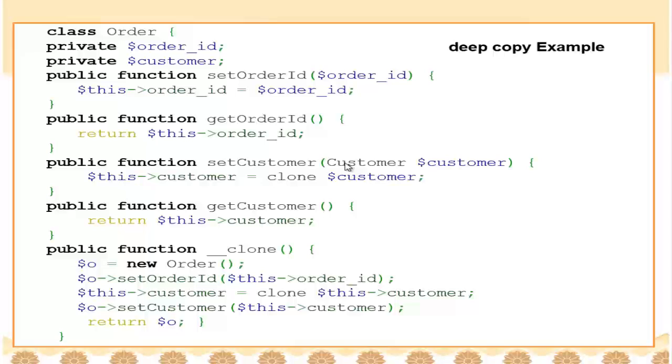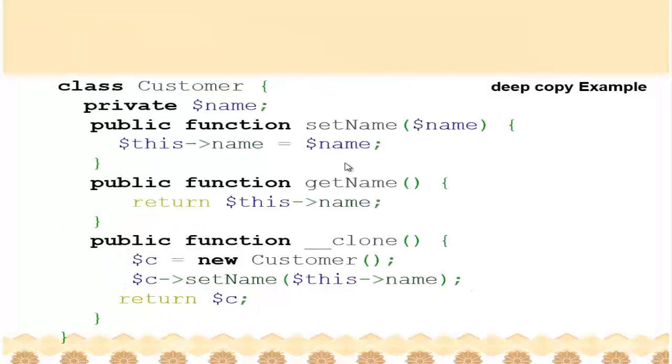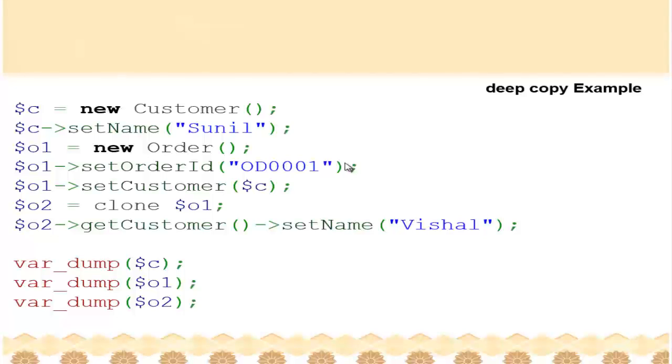This is called deep, and I think in C++ you have done this kind of exercise wherein you went deeper and deeper and made a copy and got a perfect replica of this object and used it in some other places. So this is how it is being done. This is just an example wherein I create a new customer, set the name, set the order, and set a new customer to the order, and if you clone it, then start using it.